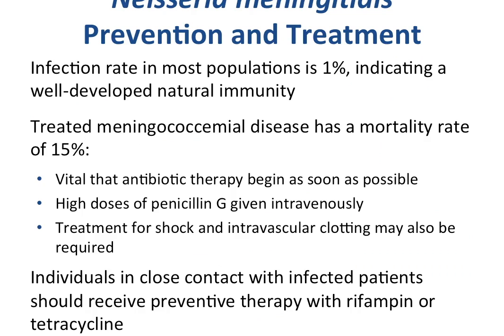So the infection rate is 1%. Neisseria meningitidis has a mortality rate of 15%. So 15% is very high, okay. We have to treat the patient with antibiotics as soon as possible, immediately.